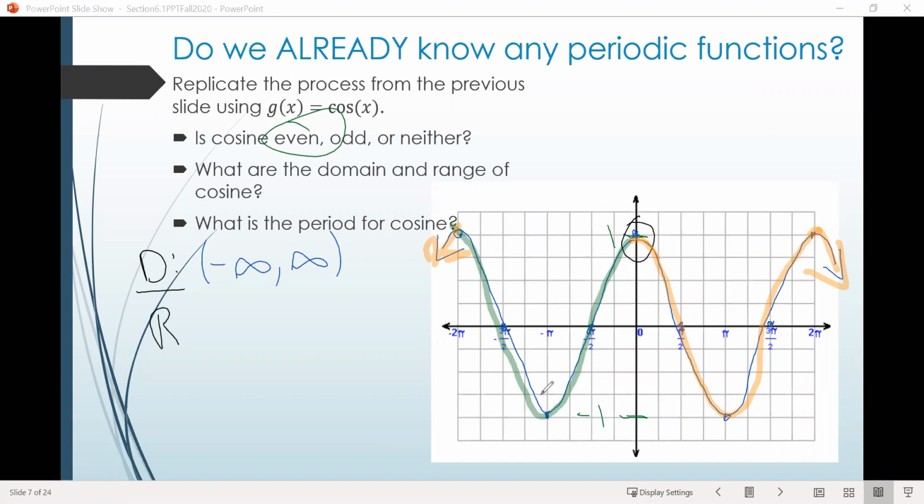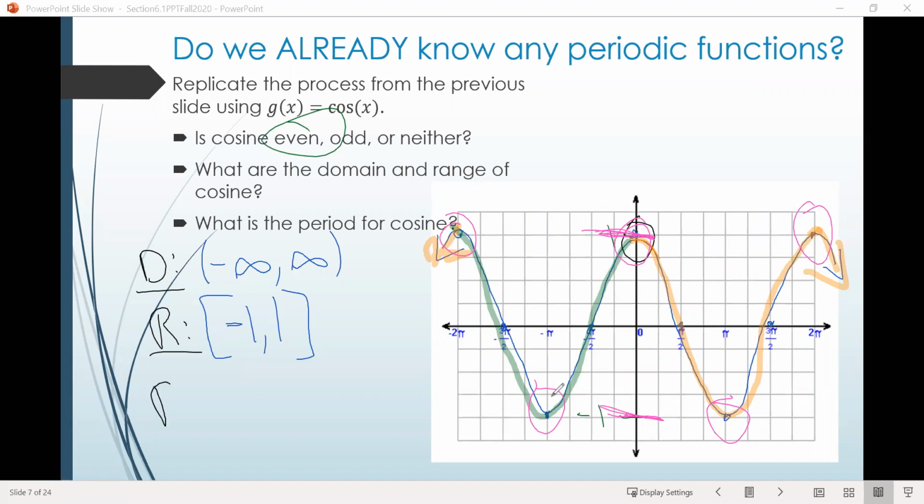For the range, just like with sine, the values are at highest 1 and at lowest negative 1, with the lowest points here and highest points here. They repeat and bounce between negative 1 and 1, so our range goes between negative 1 and 1. The graph actually passes through those points, so we can put brackets there.